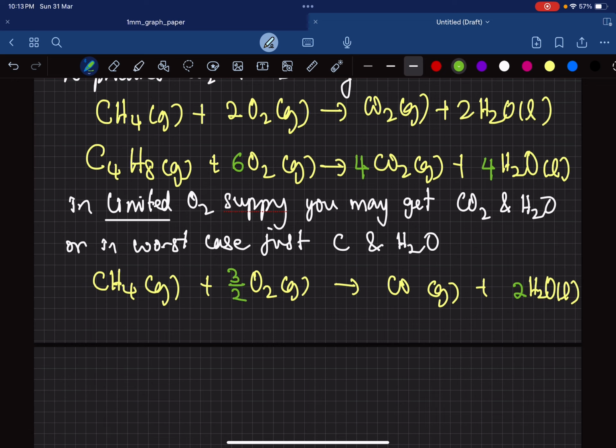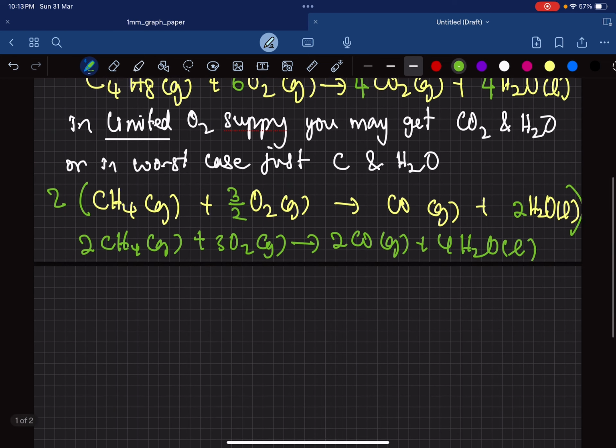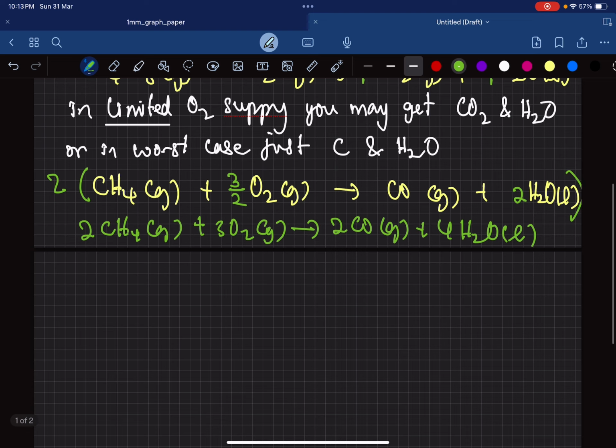So that would balance off the oxygen, yes or no? It would, right? So if I want, I can multiply this entire equation by 2. I will get 2 methane gas plus 3 oxygen gas, and then I get 2 carbon monoxide gas, and then 4 water, liquid. So I can either leave it as a fraction or I can multiply it.